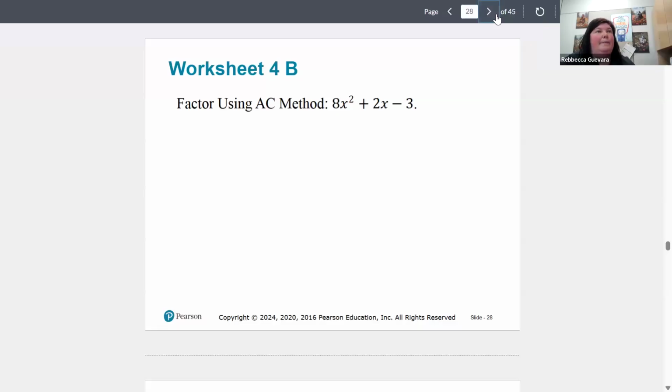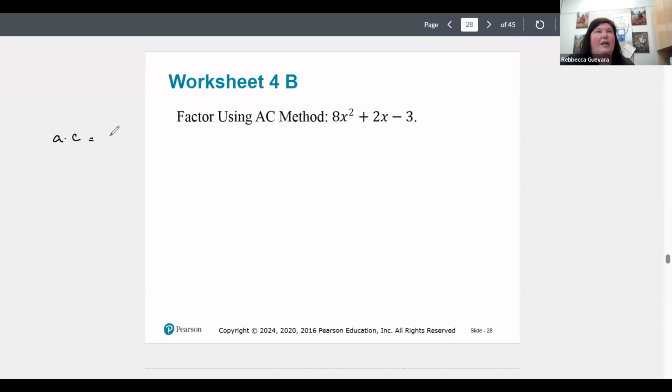Okay, so B, we have A times C, so 8 times negative 3, so negative 24. So I need two numbers that multiply to give me negative 24, but add to give me the middle term, so add to give me 2.